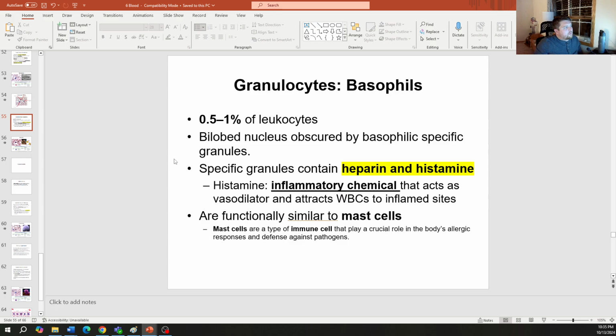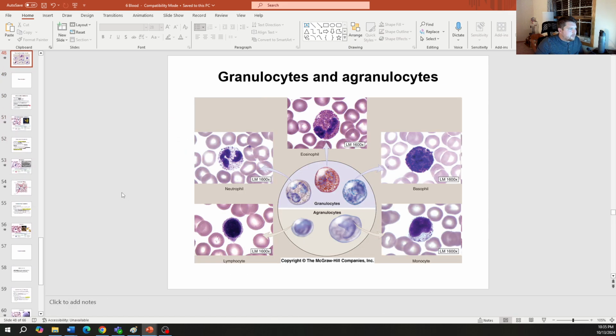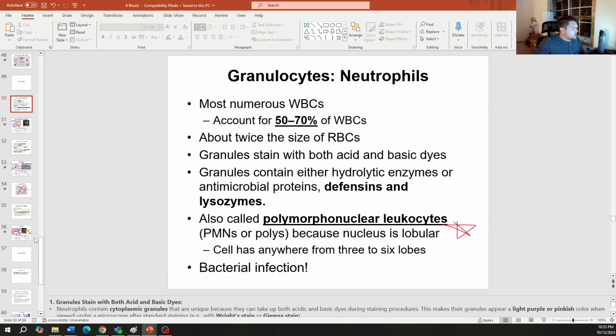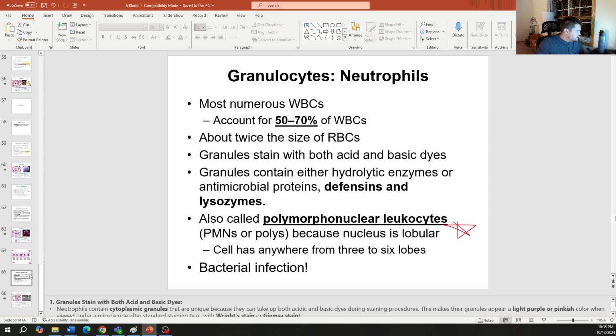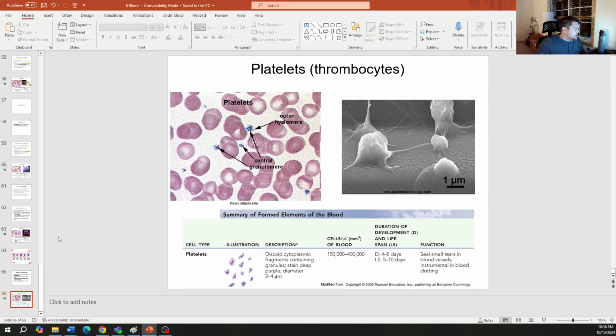So probably a good idea, if we drop back really quick, to make a chart with some of these. I don't think I put a chart in here. Make a chart that contains the following. Or heck, let me do it for you.